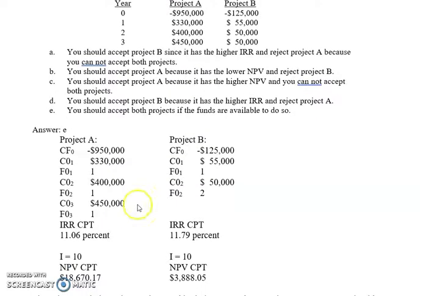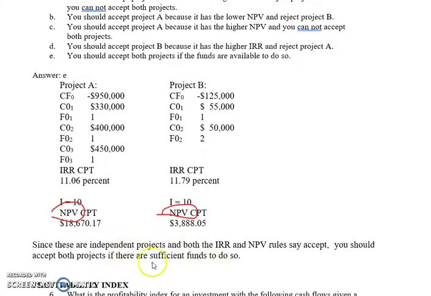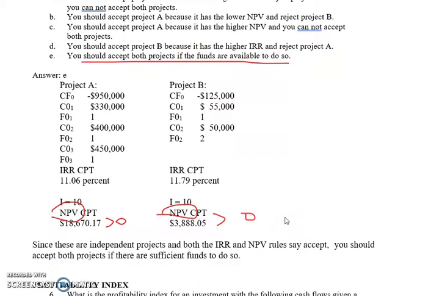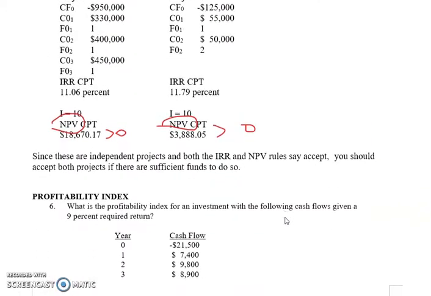So first find out the NPV for A and B. Because both are positive, independently you can choose both. So the answer is E. You should accept both projects as long as the funds are available to do so, because both are positive. This is for independent projects.